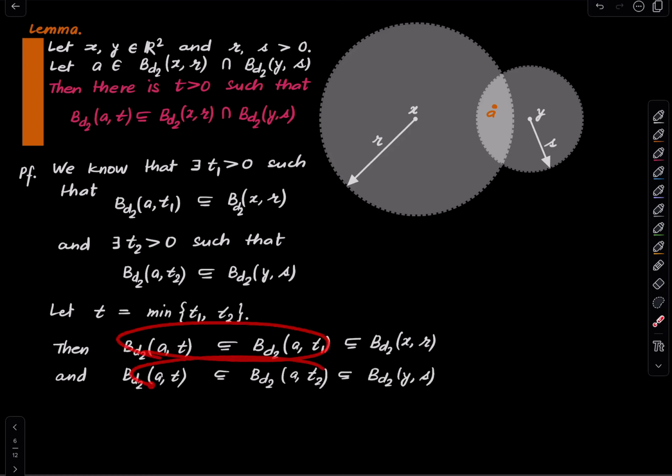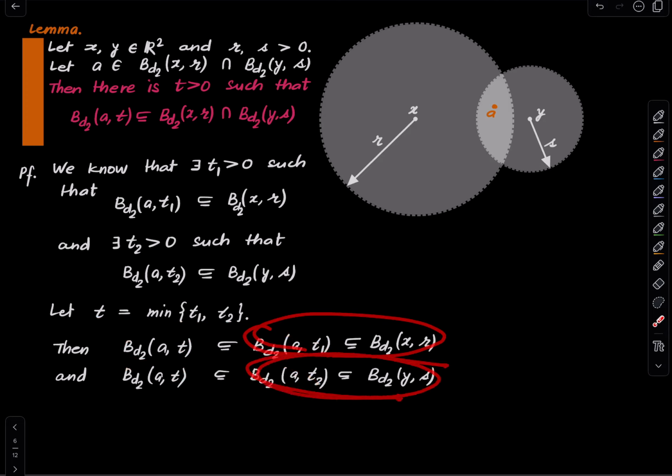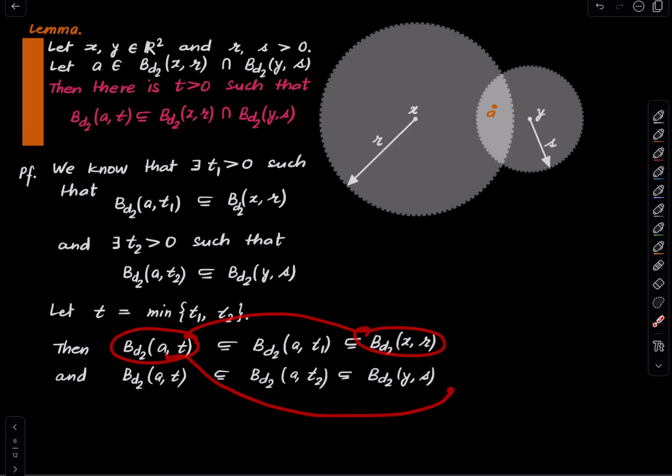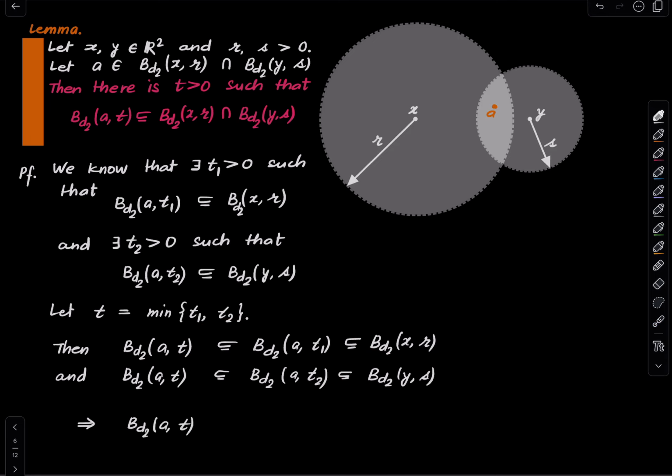These two containments are trivial because T is at most T1 and T is at most T2 by definition of T. So these two containments are clear, and since this was already there above, we see that this guy is contained there and at the same time contained here, and that's it. Therefore, this is contained in the intersection.